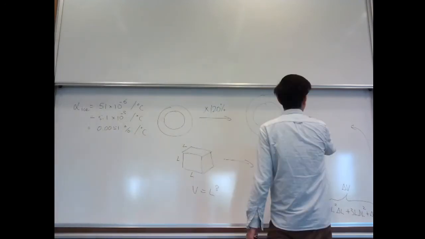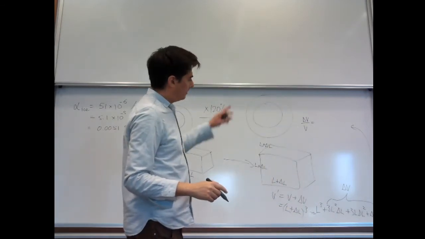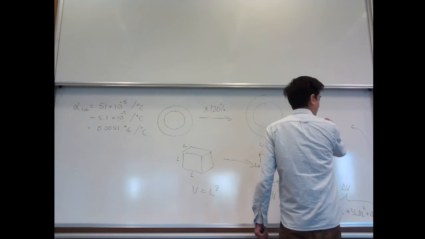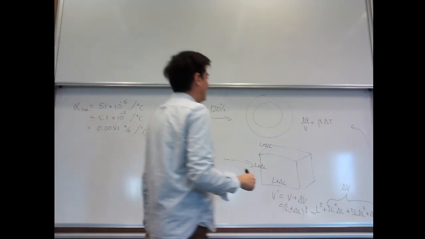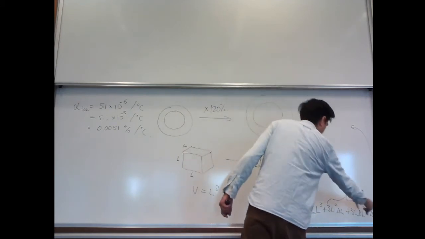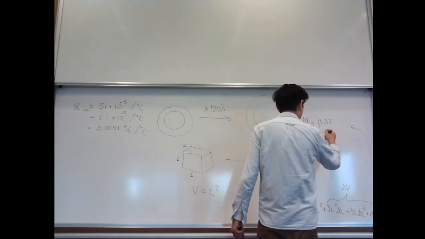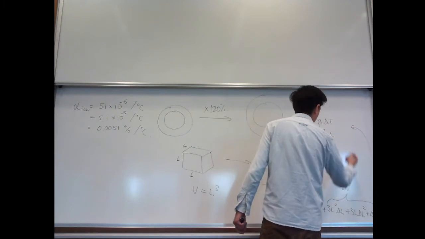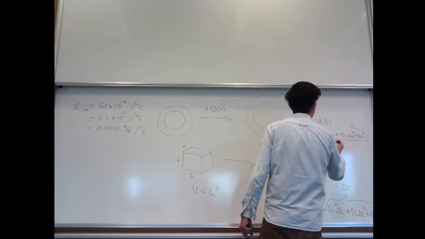So if we're saying that the change in volume divided by the volume, using the form we've got down here, is equal to beta times change in temperature, so this is also equal to, that's the delta V, if we divide this by L cubed, it's going to be 3L squared delta L divided by L cubed.